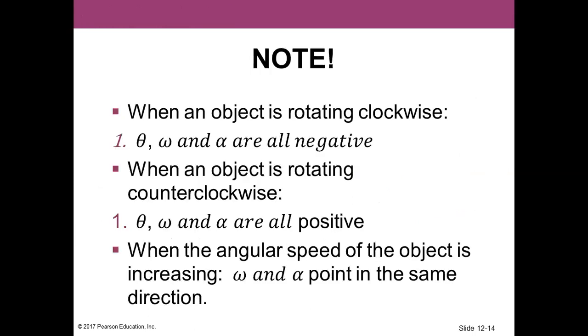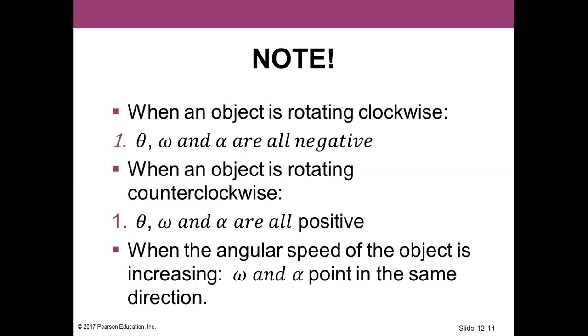Okay, we need to take a note on this. When an object is rotating clockwise, the angular displacement, angular acceleration, and angular velocity are all negative. When an object is rotating counterclockwise, angular displacement, angular velocity, and angular acceleration are all positive.